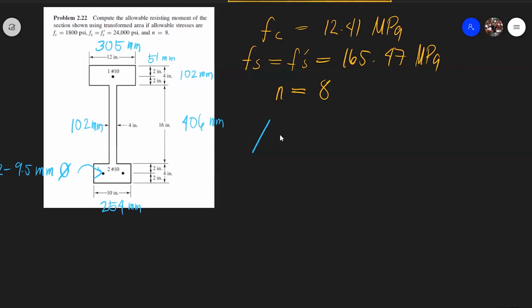What is As prime? That's the area of the steel in compression. It's right here. One number 10 bar, with a diameter of 9.5 mm. So this will be pi over 4 multiplied by 9.5 mm squared.